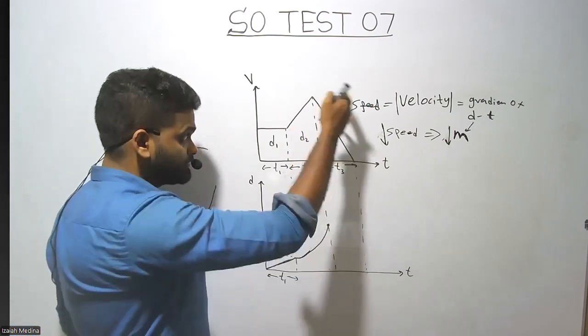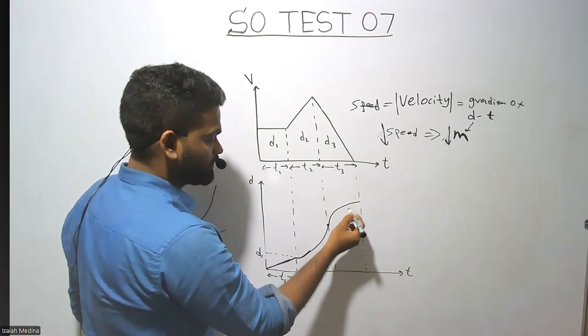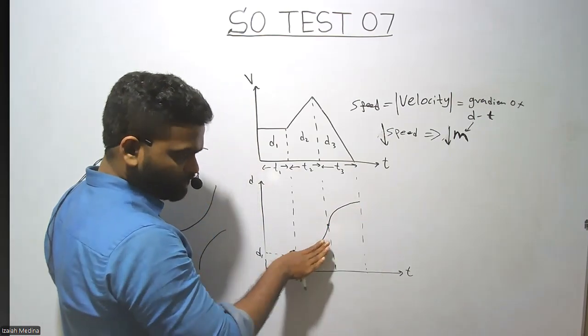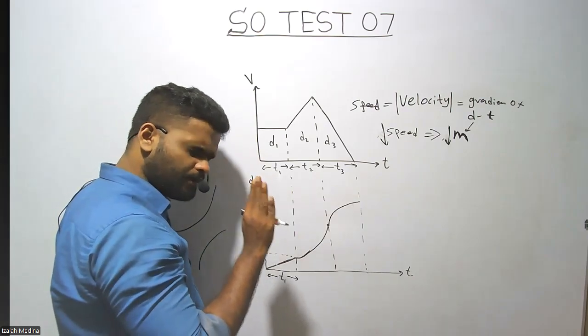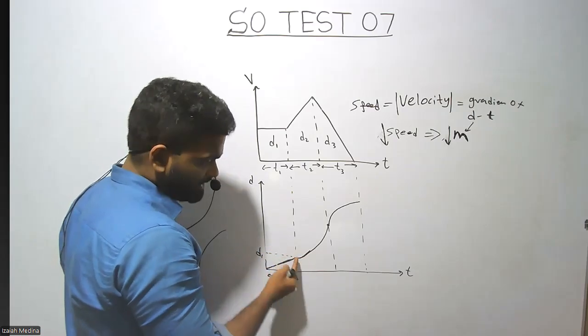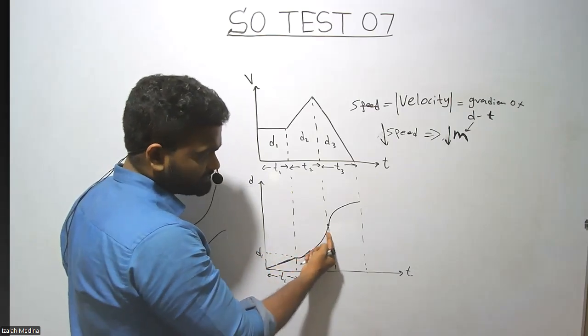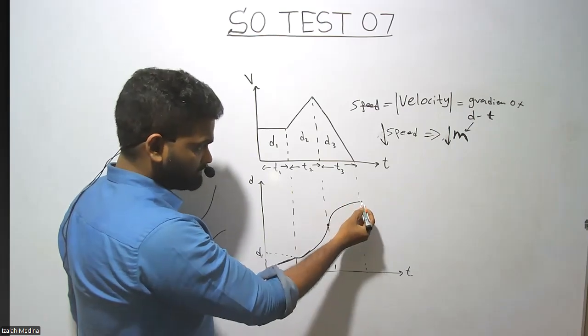Because it is always positive velocities. In both cases, velocity is always positive, but the gradient is changing, right? In this part, gradient was increasing, another part gradient was decreasing. It becomes 0 here.